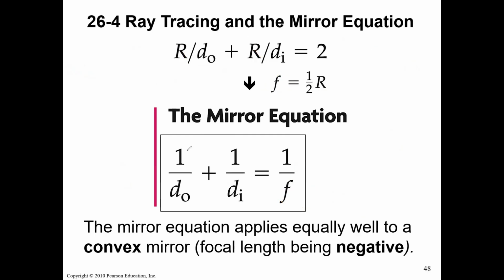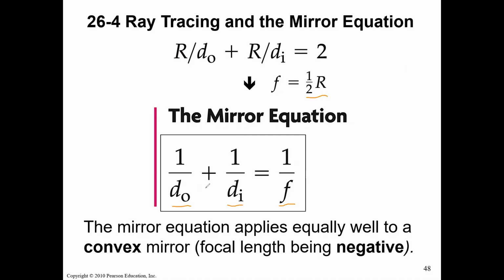This mirror equation is 1 over DO plus 1 over DI is 1 over F. DO is the object distance, the distance between the object and the mirror. DI is the image distance, the distance between the image and the mirror. And F is the focal length. So for a spherical mirror, F is half R.